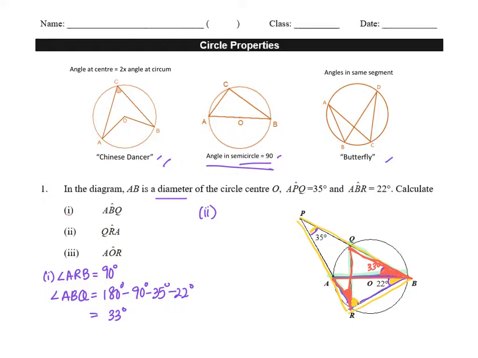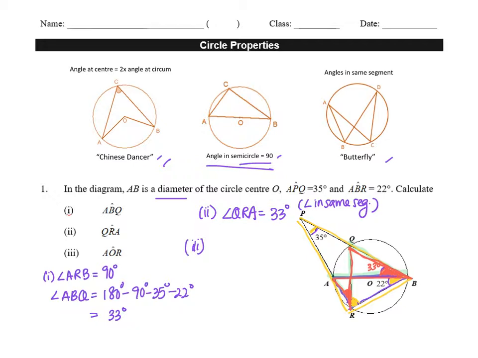So therefore, angle QRA is 33 degrees. What's the reason? Angles in the same segment. Number 3.